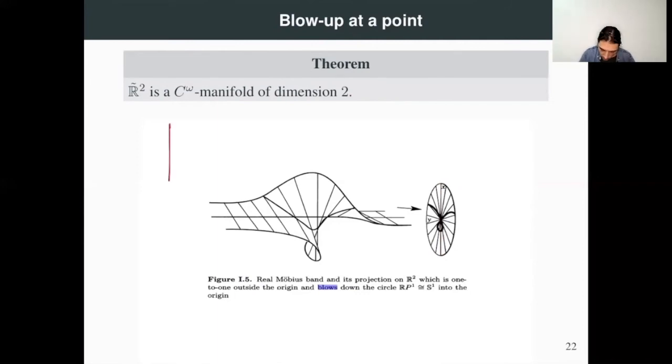And we move in clockwise sense. Okay, it would be something like this. So what happens is that we are going to have in the blow up all these lines.